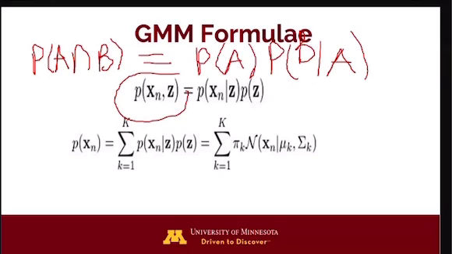If A and B are not independent, the probability of A intersection B will be the probability of A multiplied by the probability of B given A. But if they are independent, it's just going to be the product of the probability of A and the probability of B. So what do you think I'm doing right now? I want to find the probability of the joint occurrence of the observation Xn and the latent variable Z, which of course is going to be this.